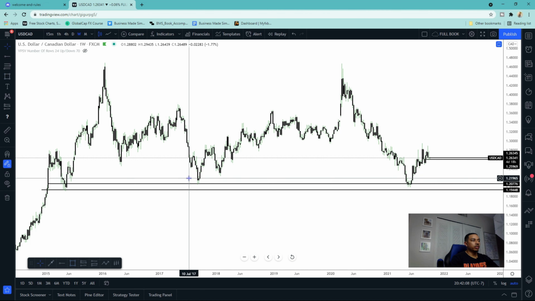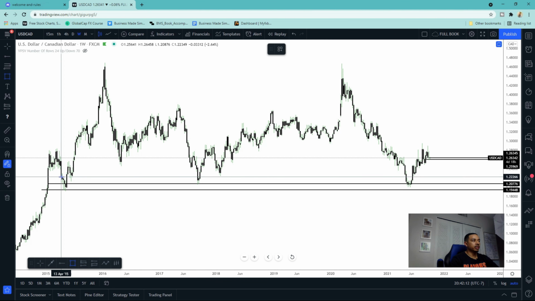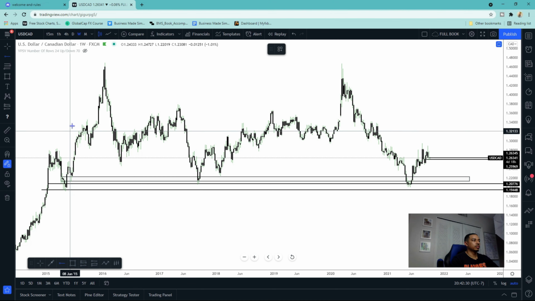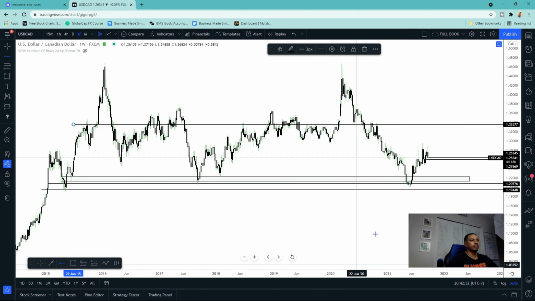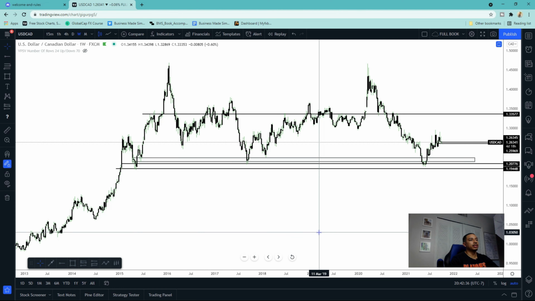And then price, whenever it comes into this area here, again, history likes to repeat itself. Whenever price gets into this area, price likes to go where? At the very least, price would go here. Okay. So that's what I see at the moment.